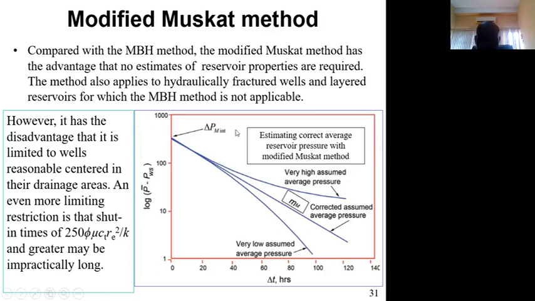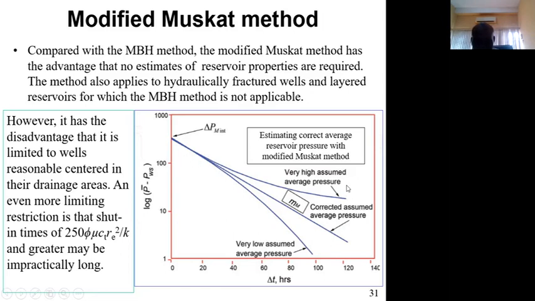So this diagram here shows how it is used. Now, P bar is assumed, and then based on that assumed value, the ordinate is reduced for each shut-in time. The correct assumed pressure should yield a straight line.